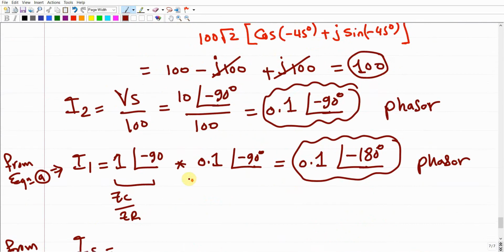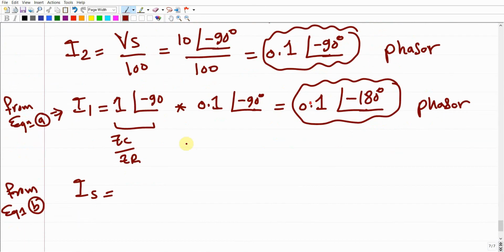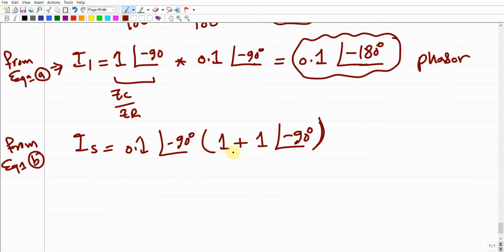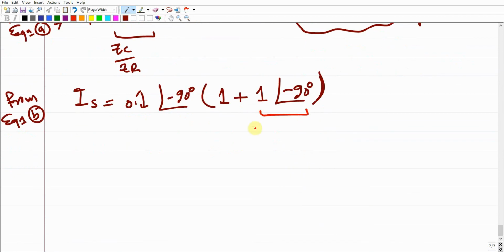So this is I2, which we got as 0.1 angle of negative 90 degrees, times 1 plus 1 angle negative 90 degrees. This is the ZC over ZR. But again, to add to the 1, we have to convert this term into the rectangular form.